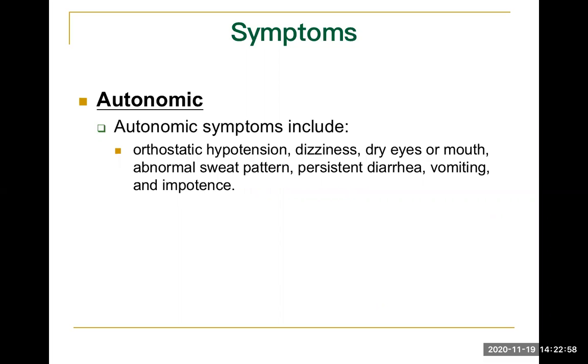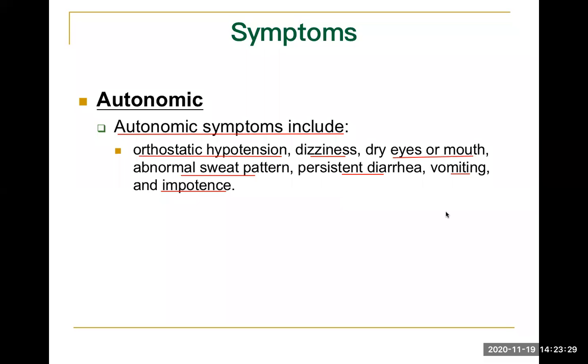Now, what are the autonomic symptoms then? What happens to the patient? How do we take the history? The autonomic symptoms which are seen in case of peripheral neuropathy may include orthostatic hypotension, dizziness, dryness of the eyes or mouth, abnormal sweat pattern, persistent diarrhea, vomiting, and even impotence.